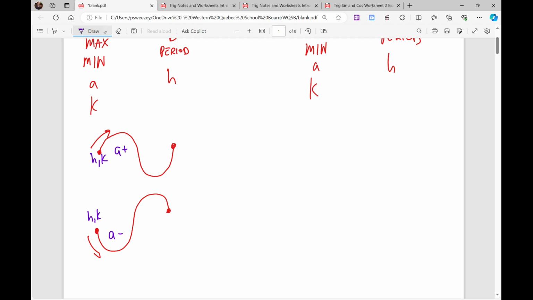Cosine's a little different. It either starts at the top and then goes down, or it starts at the bottom and then goes up.